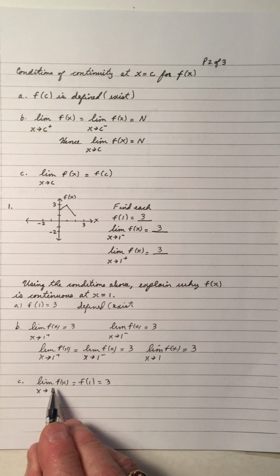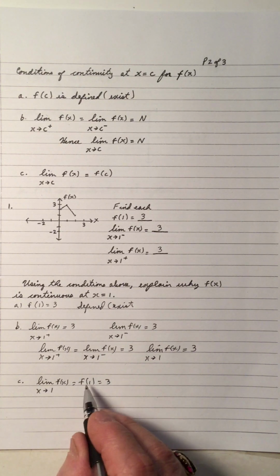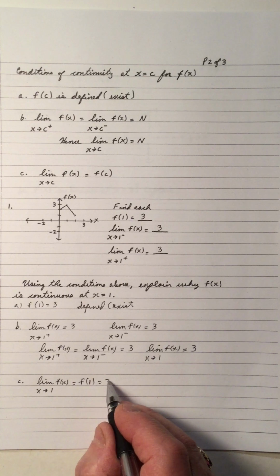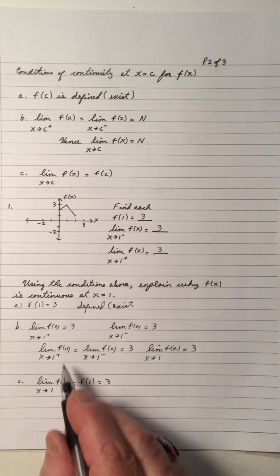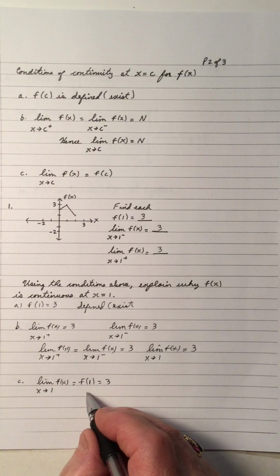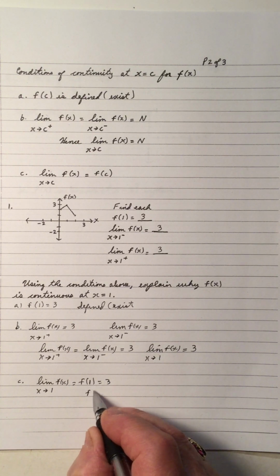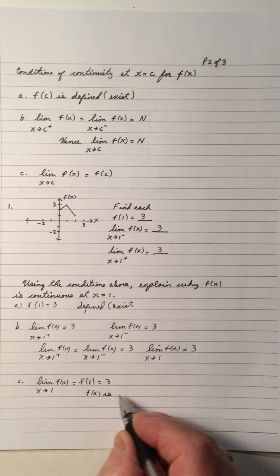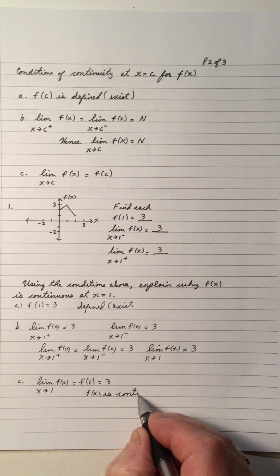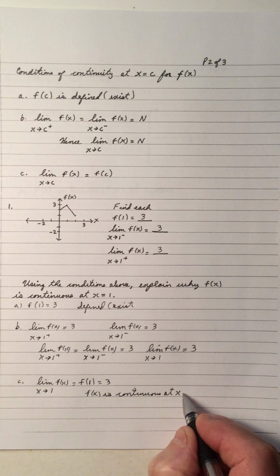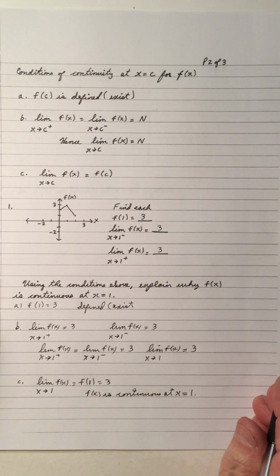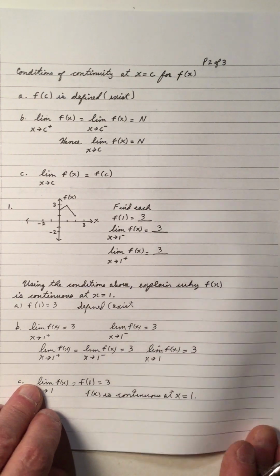So the limit as x approaches 1 is equal to f of 1. They're all equal to 3. Because the three conditions are true, f of x is continuous at x equals 1.